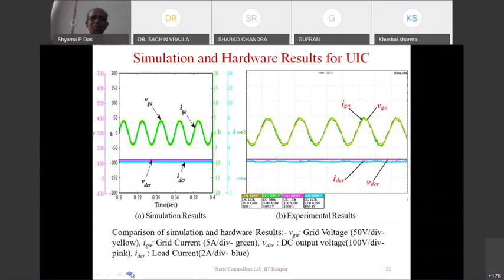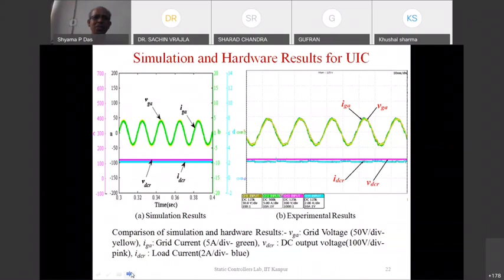So this is a simulation result on the left-hand side. The phase A grid voltage VGA is shown in this particular fashion, and then we have the current. So the voltages and current are in phase.